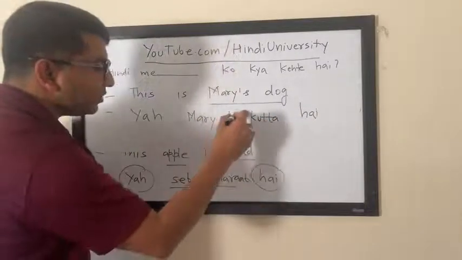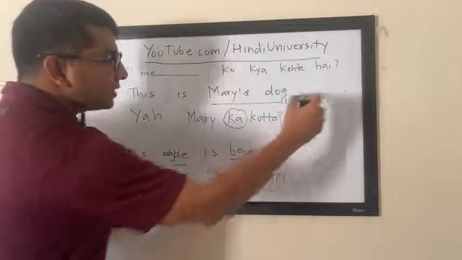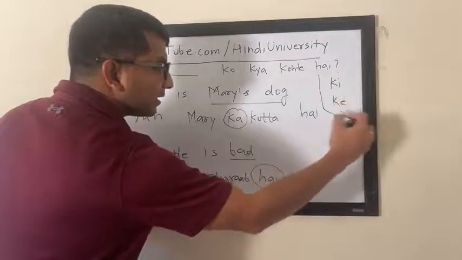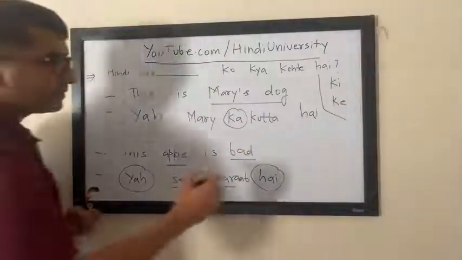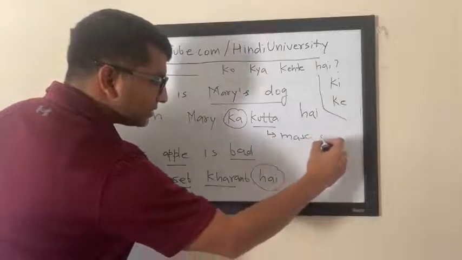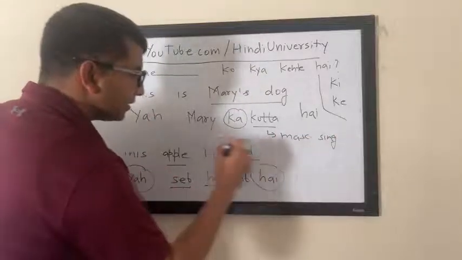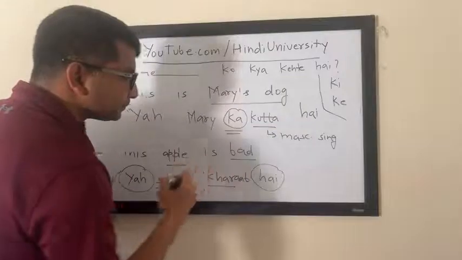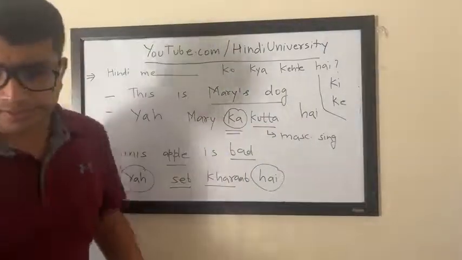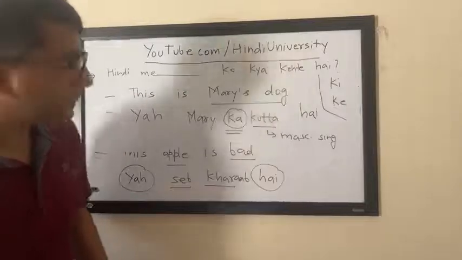Now tell us, why did you use ka? Why didn't you use ki or ke? हाँ, क्योंकि कुत्ता masculine है और singular है. Okay, because kutta is masculine singular, you are using ka here. If this is Mary's cat, how will you say that?